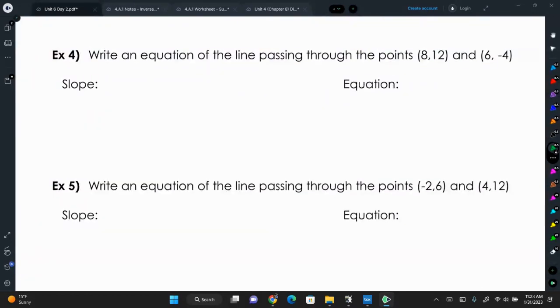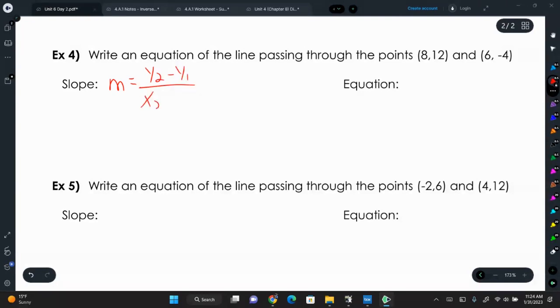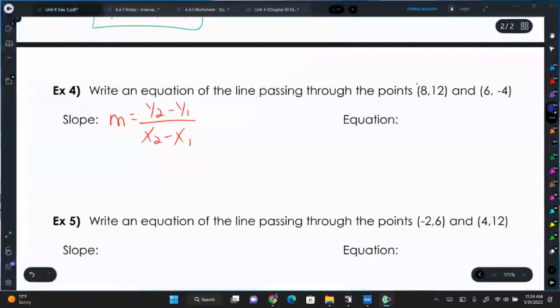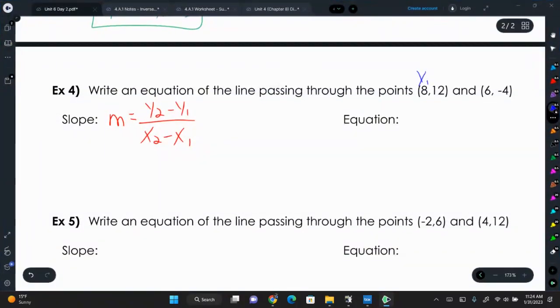Now, examples 4 and 5, it says write an equation of the line passing through the points, and we have 2 points. So what we have to do is first calculate the slope. Remember, slope is y2 minus y1 over x2 minus x1. So we're going to label x1 and y1, x2, y2.